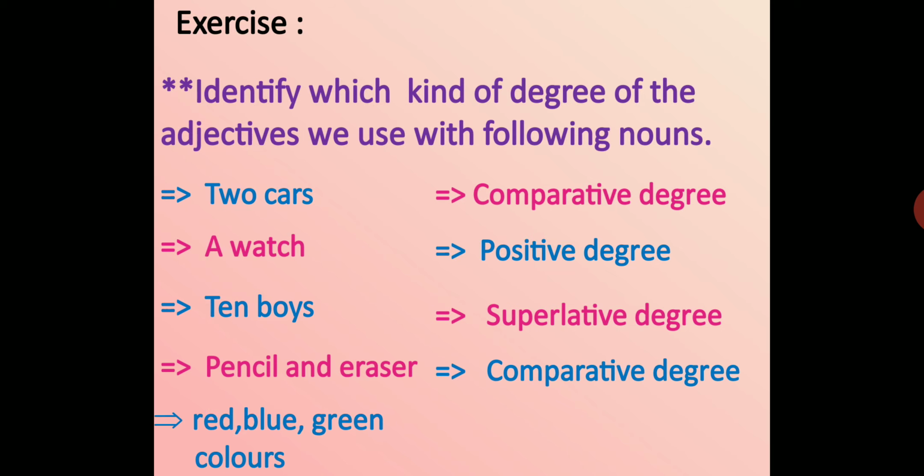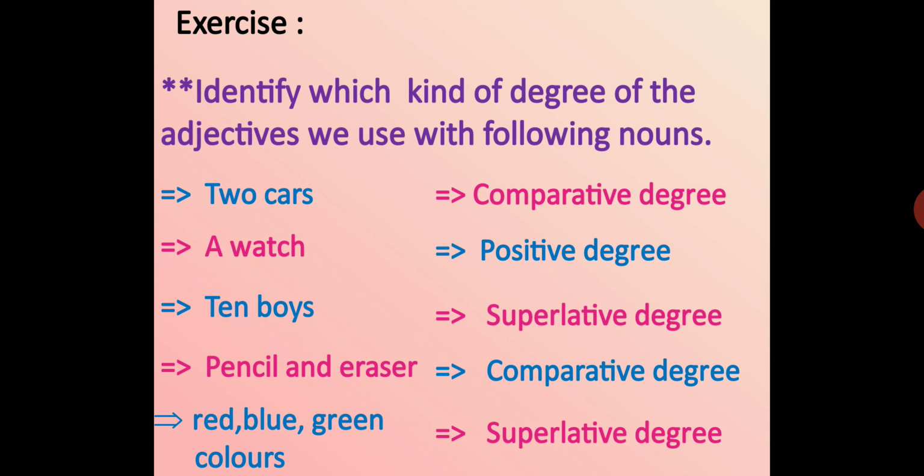Let's move on to the next question. Red, blue, green colors. How many colors are there? 3 colors. They are more than one and more than two. So, the comparison is among all the 3 colors. So, which degree will be used in this sentence?